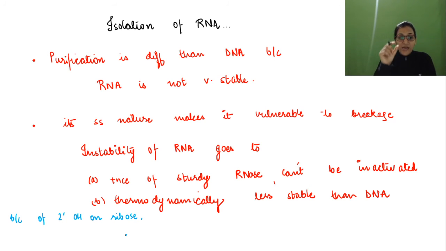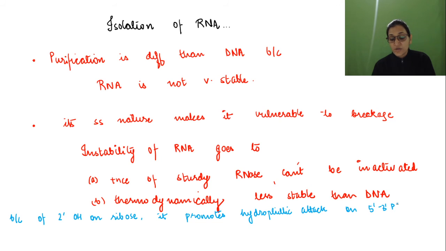This 2' hydroxyl on ribose promotes the nucleophilic attack on the 5'3' phosphodiester bond to form 2'3' cyclic phosphate.